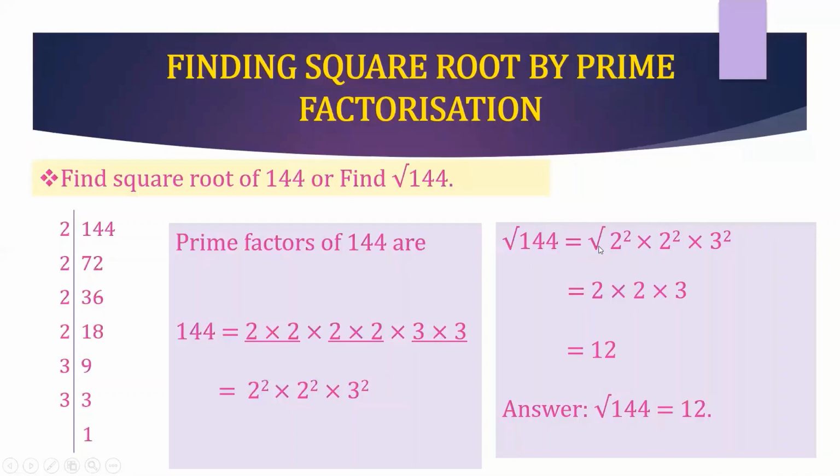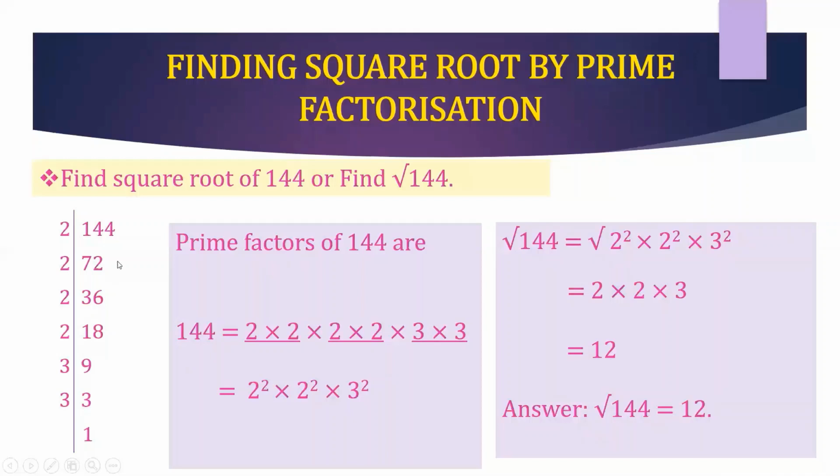Here you will remove this square root sign, and also you will remove this square, because we have to write the square root. So now we will write only 2 into 2 into 3, and the product of 2 into 2 into 3 is 12. So the square root of 144 is 12.